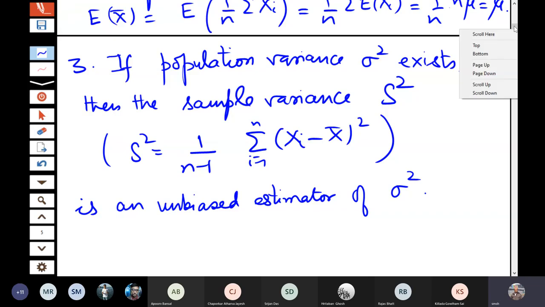What do you feel? For example, if I am considering an estimate for a certain parameter, I take a sample of size say 15 and I get an estimate. Suppose I take a sample of size 40, then I estimate. If I take a sample of size 100 and then I estimate using the same function, for example, it could be sample mean.